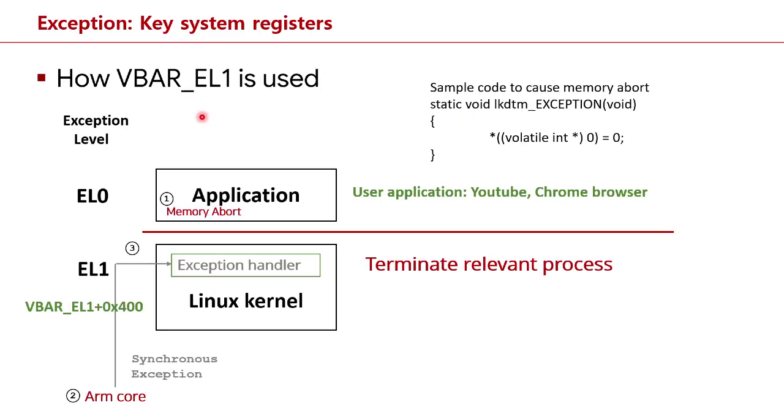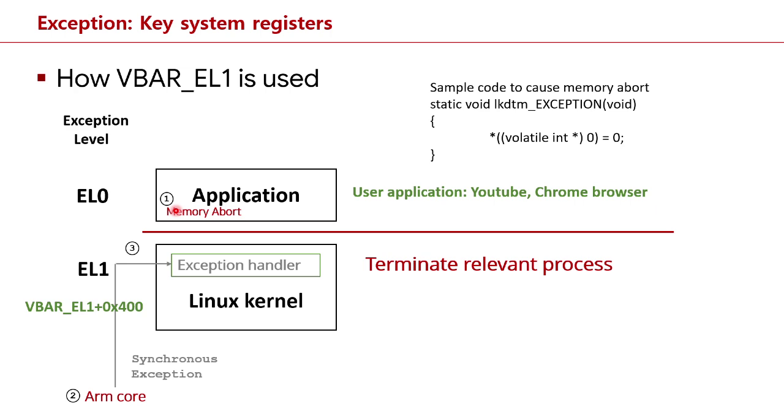Now let's look at how the VBAR_EL1 register is used as a case study. This diagram indicates the control flow when an exception happens in user space. From the Armv8 perspective, the user application, the user space, is running at exception level 0.